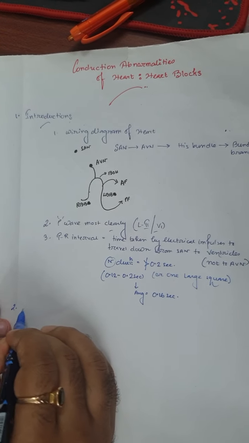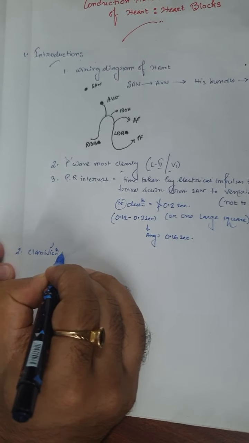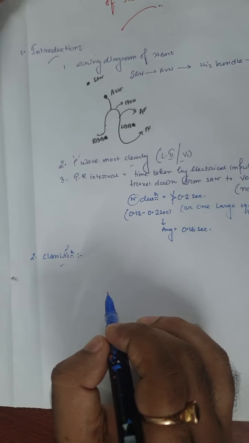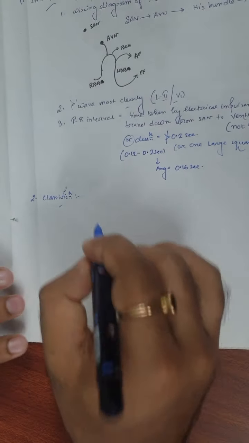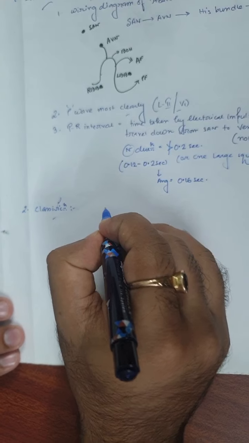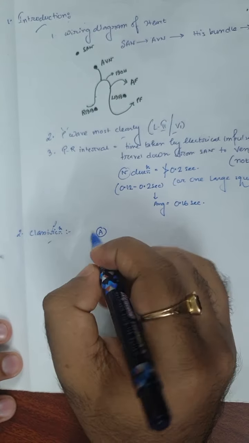Number 2 is classification. Classification of the different types of conduction abnormalities of the heart. For our easy discussion, we will divide this whole chapter into 4 categories.